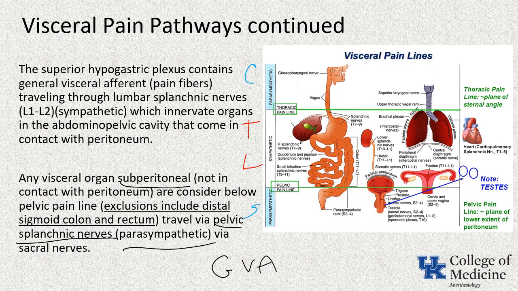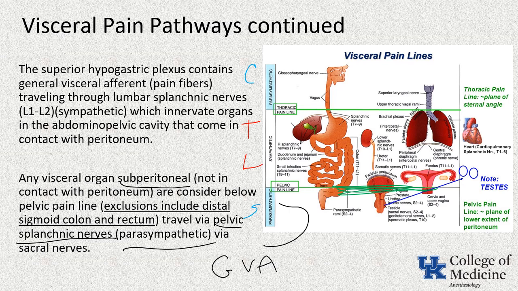So for example, anything below this green line here is below peritoneum. And so these general visceral afferents travel with parasympathetic fibers.